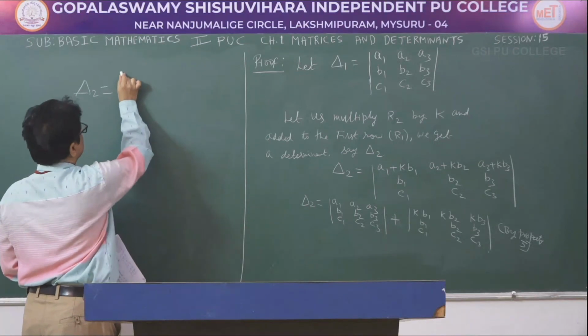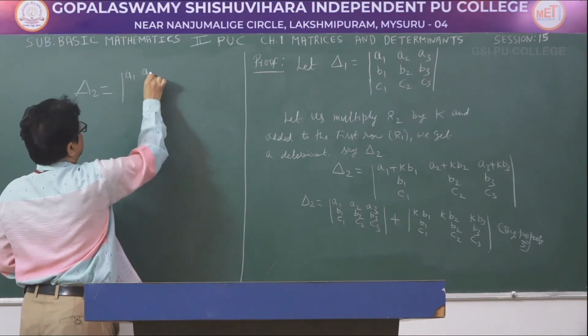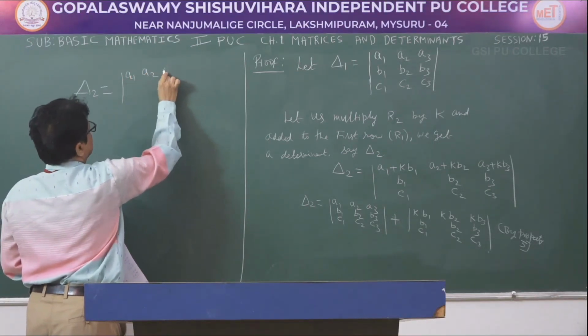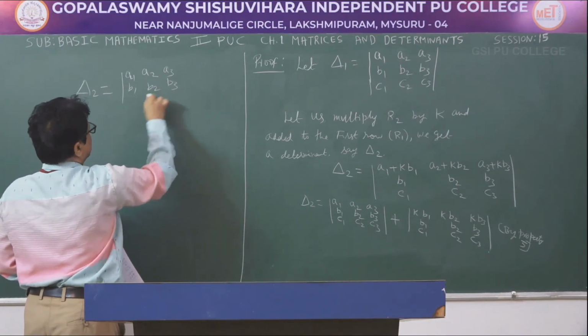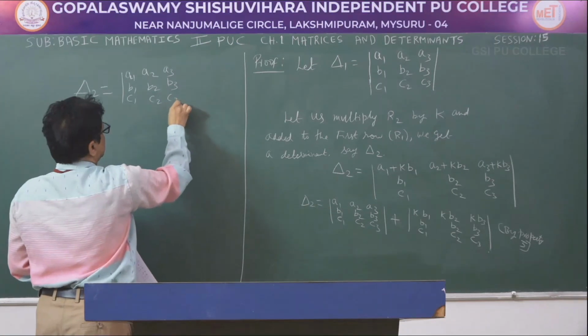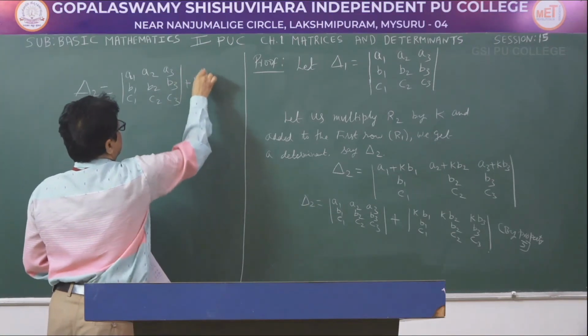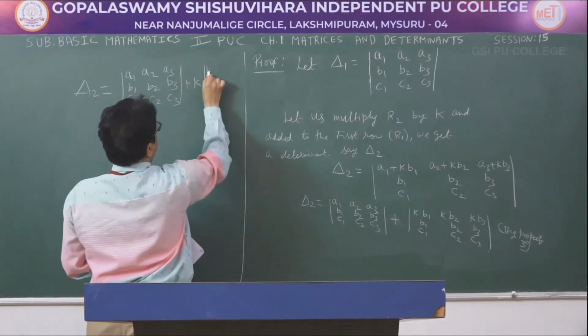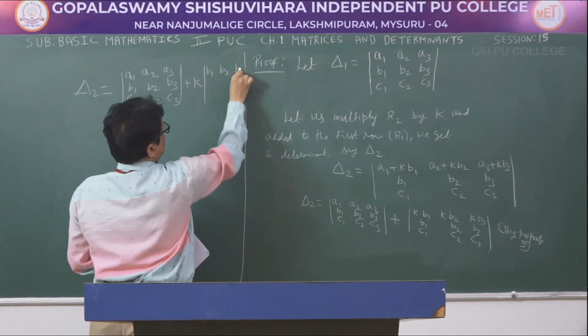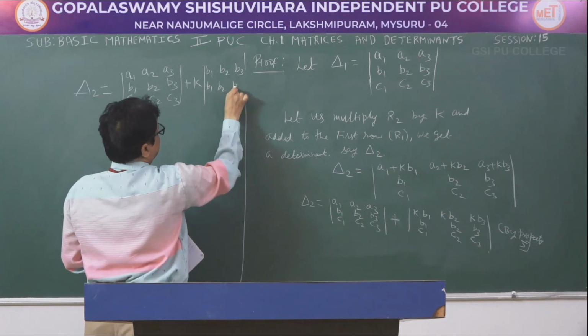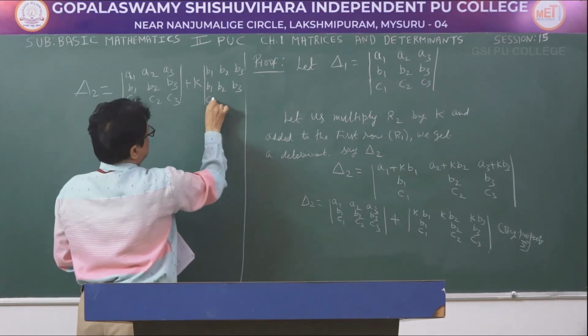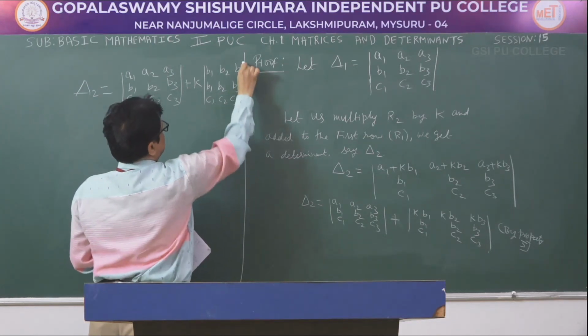That is, delta 2 is equal to the determinant of a1, a2, a3, b1, b2, b3, c1, c2, c3 plus k times the determinant of b1, b2, b3, b1, b2, b3, c1, c2, c3.